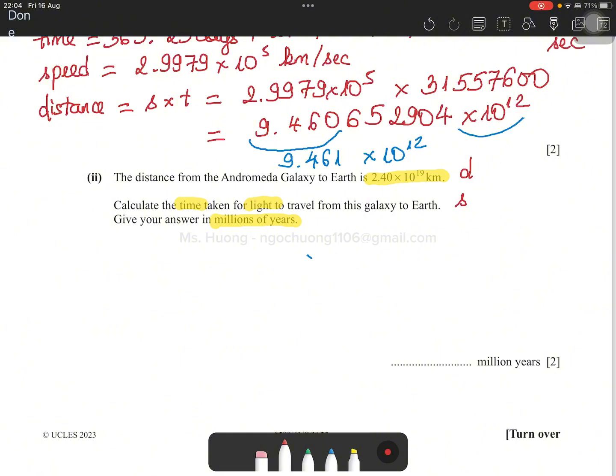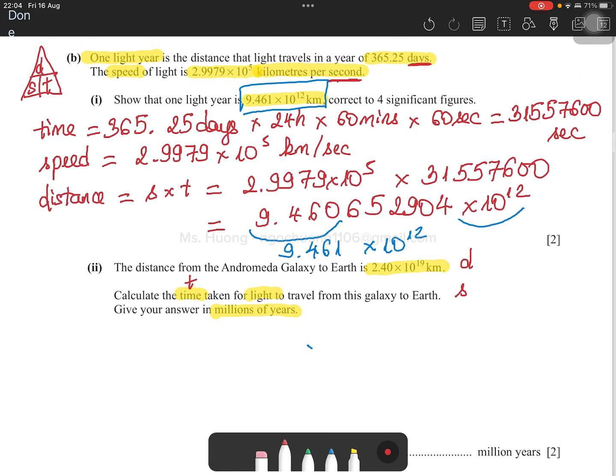So we need to find the time. The speed of light, according to question B, is 2.9979 times 10 to the power of 5 kilometers per second. And this is the distance. So according to the ST triangle, the time is equal to distance divided by speed.